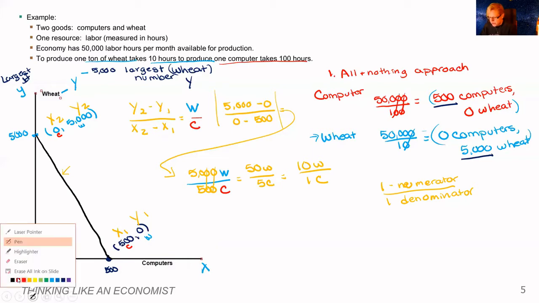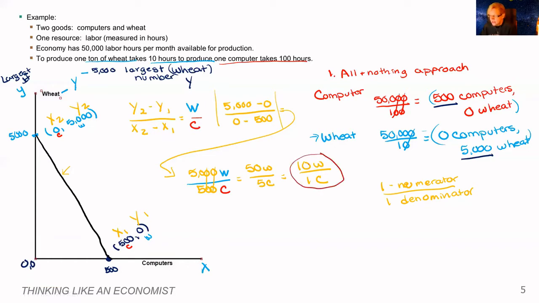And this is where we change hats and we become the economist and we interpret this ratio. Notice I didn't say 10 here. I said 10 wheat to 1 computer. So I'm going to write a big econ there, and now I can say what this means.